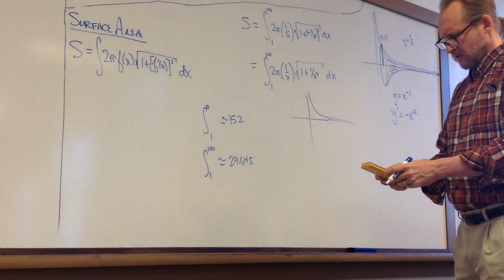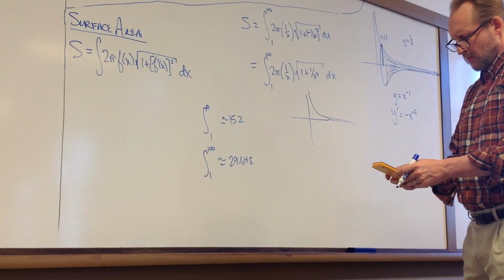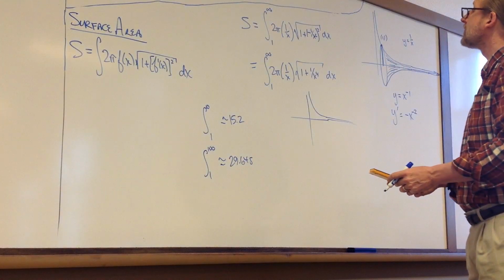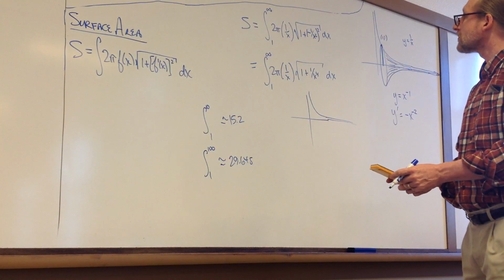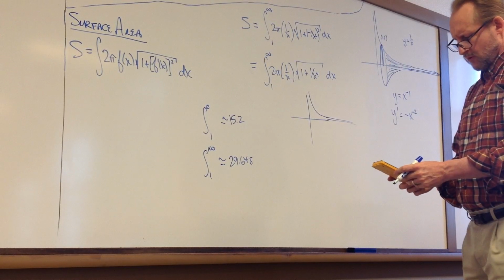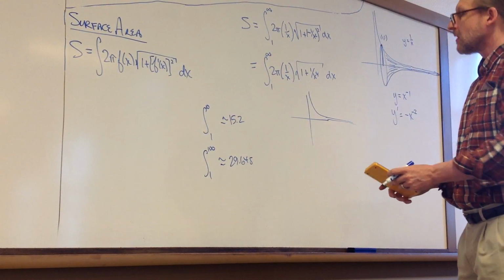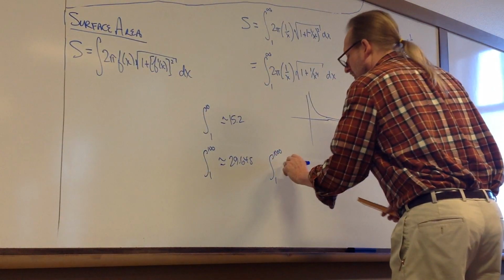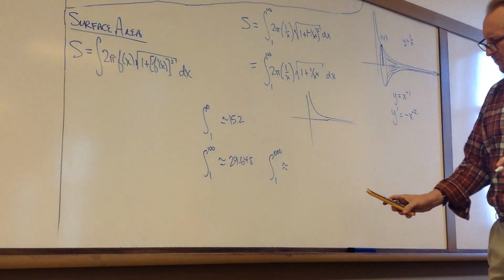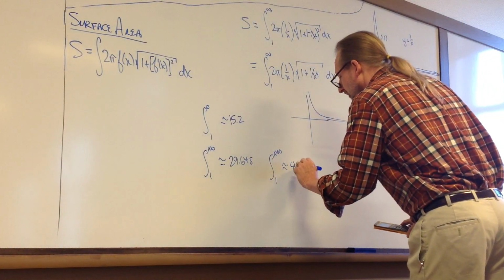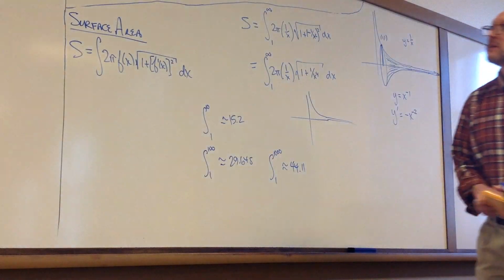Okay, let's do this one more time. 1 to 1,000. This might take a little while to calculate. What do we get there? 44. Okay, so it's growing pretty slowly.